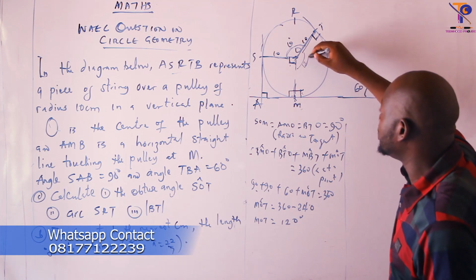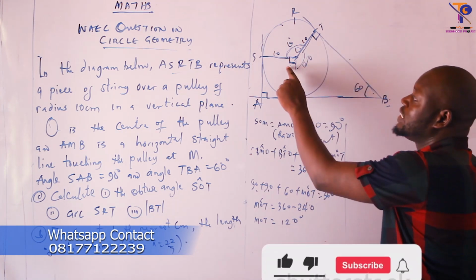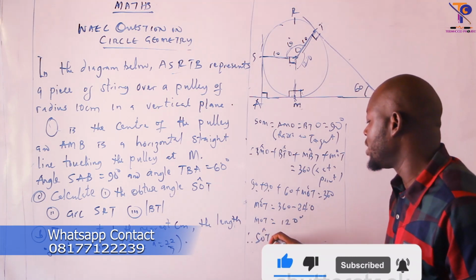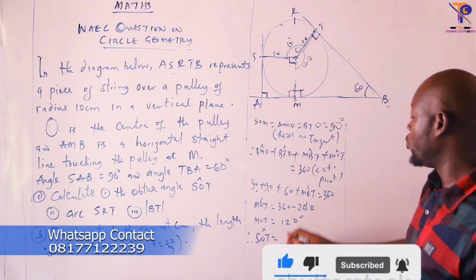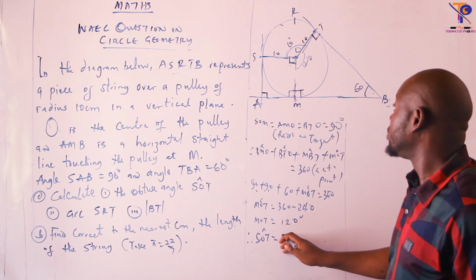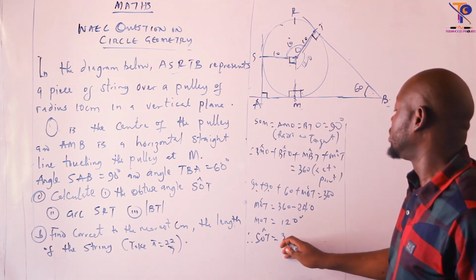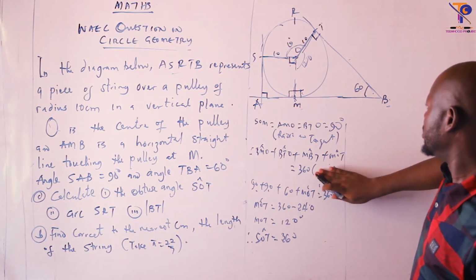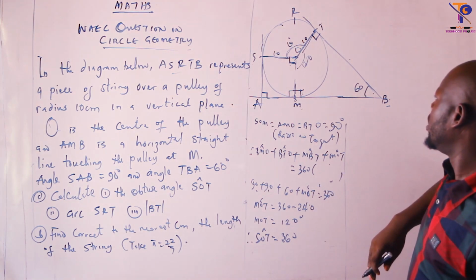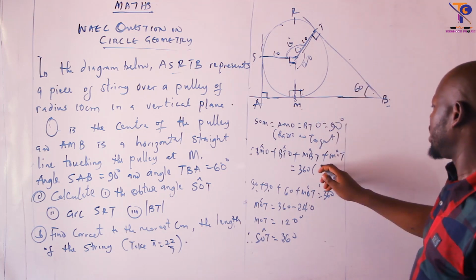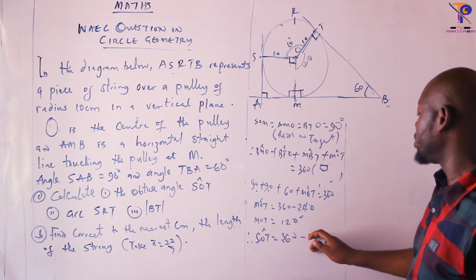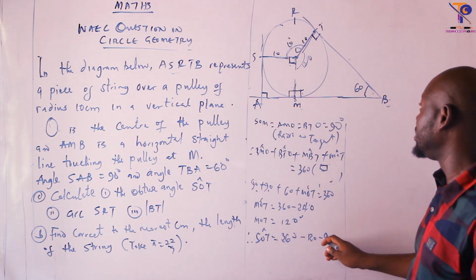So this one is 120 degrees. If this one is 120 degrees and this one is 90, therefore the SOT that we are looking for, that is reflex SOT, will be equal to 360. Oh, sorry, this is a quadrilateral. Now we are using angle at a point. That is 360 minus 120 minus 90 degrees.